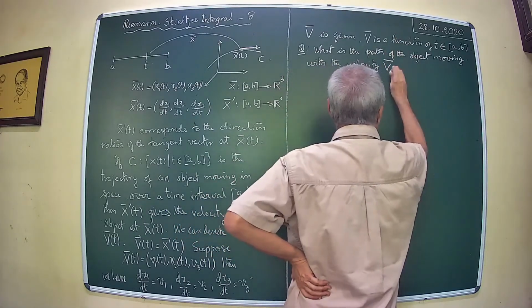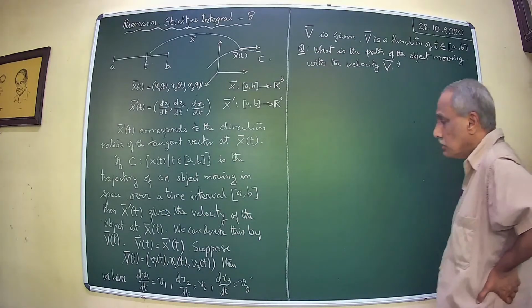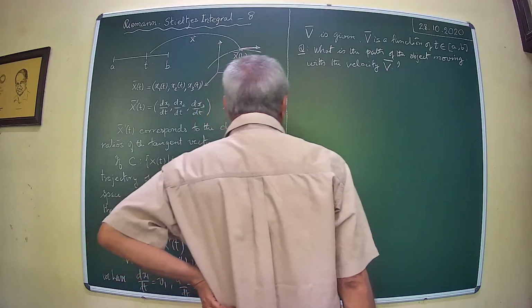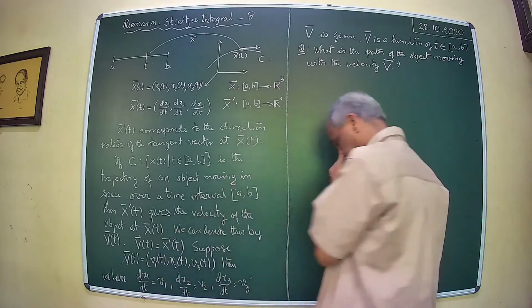This is the question. Which means you just don't know x1, x2, x3, but what you know is v1, v2, v3 in the set of equations.